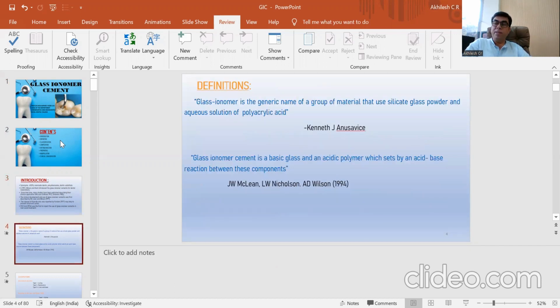Now, the definition: glass ionomer is a generic name of a group of materials that use silicate glass powder and an aqueous solution of polyacrylic acid, by Kenneth J. Anusavice.